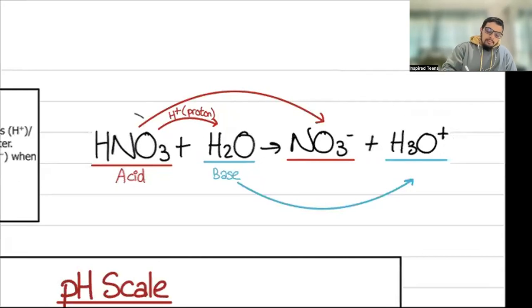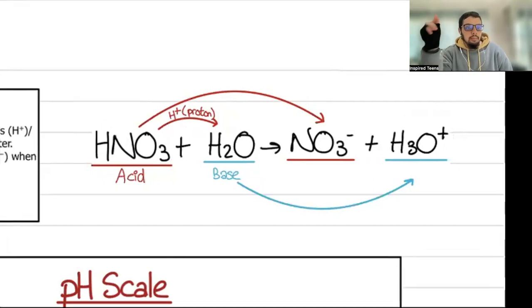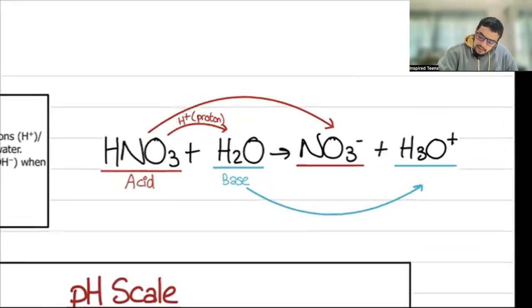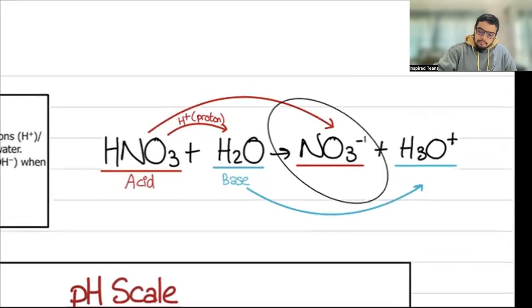The second thing to observe: HNO3 is also an overall neutral compound because it doesn't have a charge like 2 minus or anything. It's just 0, because there's nothing written there. And as soon as it gets rid of a single positive charge, it becomes -1. You can see it became NO3 minus 1.